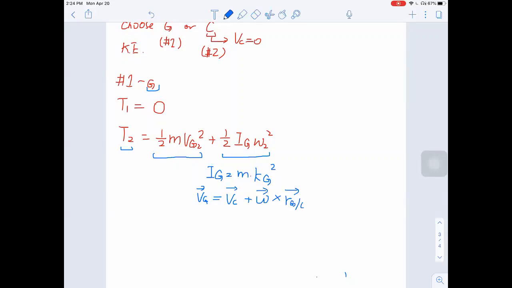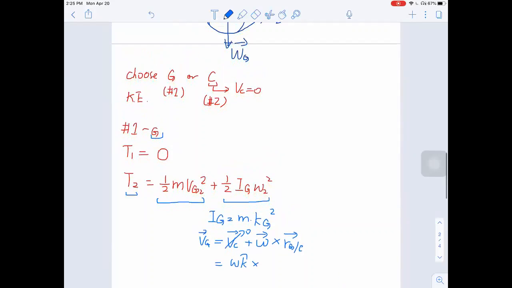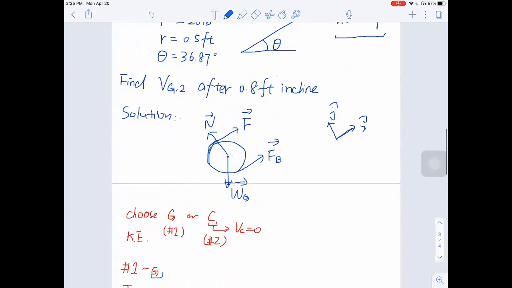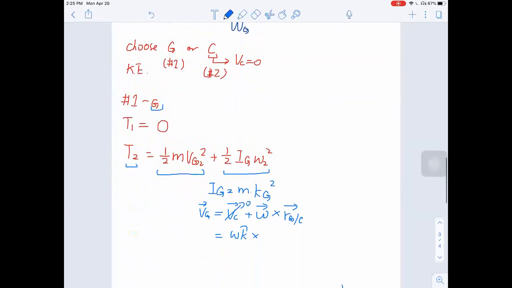Remember this equation? Since C is the instant center of the disk, Vc is 0. And therefore Vg equals omega k cross Rg/c, a position vector pointing from C to G. This is point C, point G. From C to G is positive j, that is R positive j.